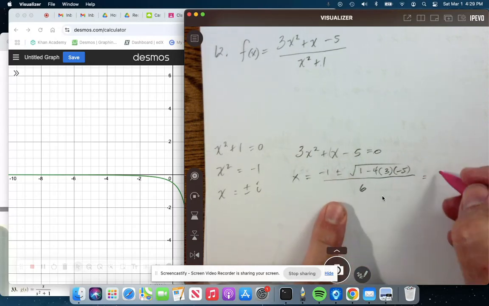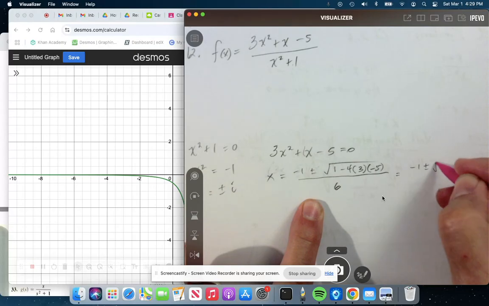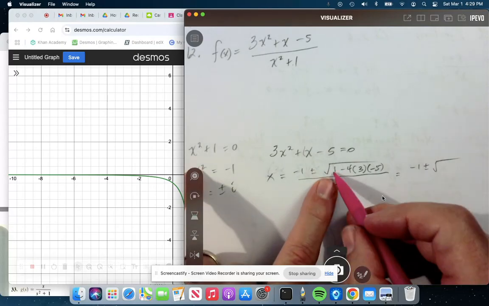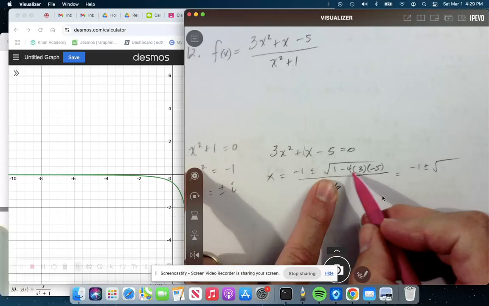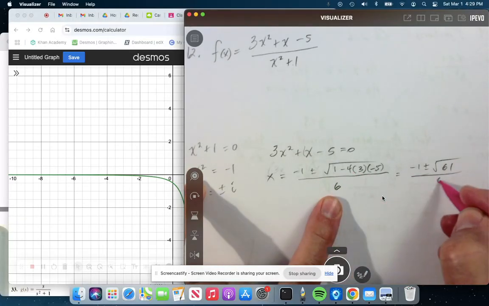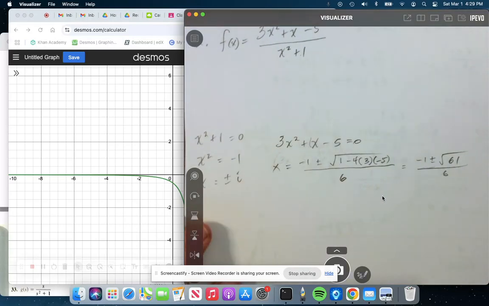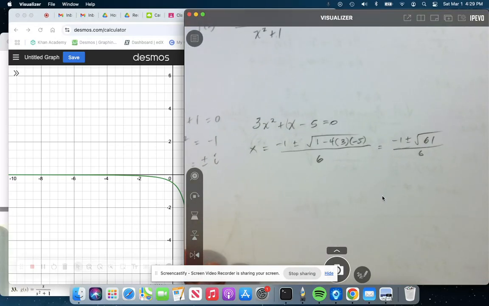So that's negative 1 plus or minus the square root of 1, a double negative here, so that's 60, so 61, over 6. So it does have zeros, but they're not very pretty zeros, but they do exist.